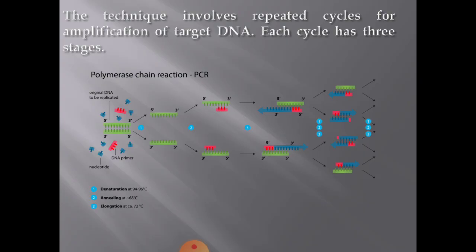This is followed by synthesis. You can see the third step here. The initiation of DNA synthesis occurs at the 3' hydroxyl end of each primer. You can make out here.